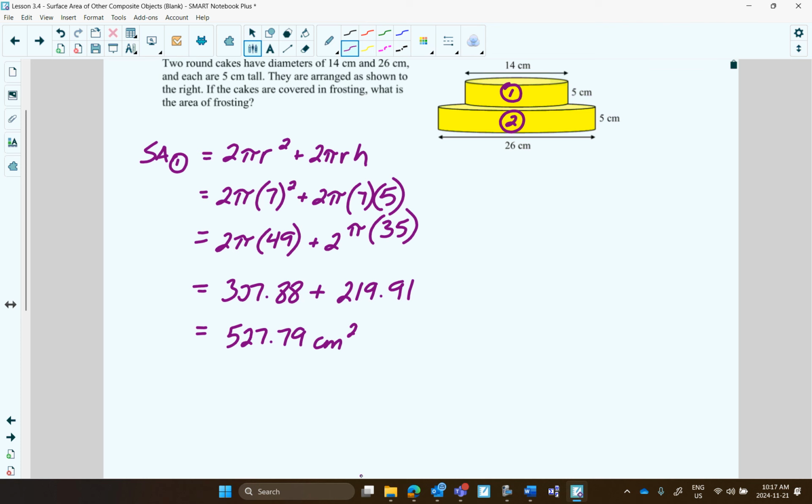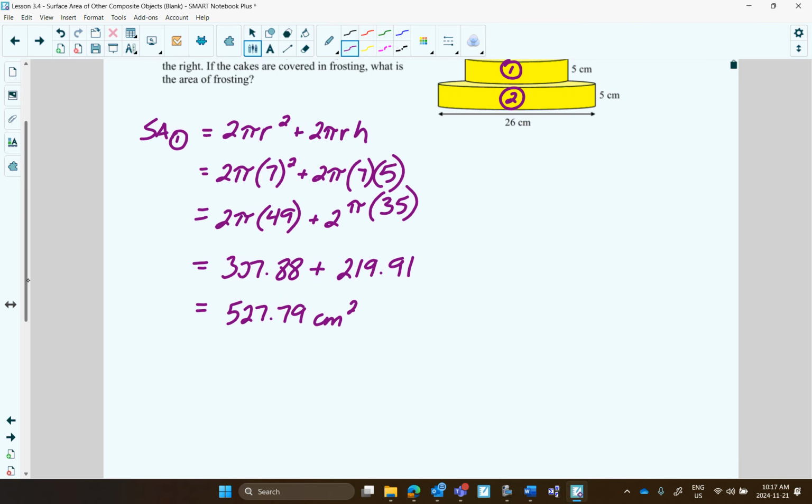Now I have to do number 2 basically the same way, except the radius this time will be 13.